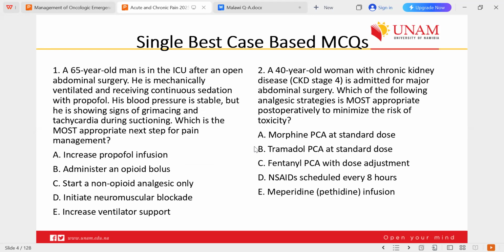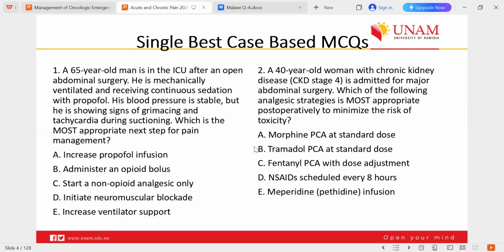So the first question is, you have a 65-year-old patient in the ICU after an open abdominal surgery, who is mechanically ventilated and receiving continuous sedation with propofol.